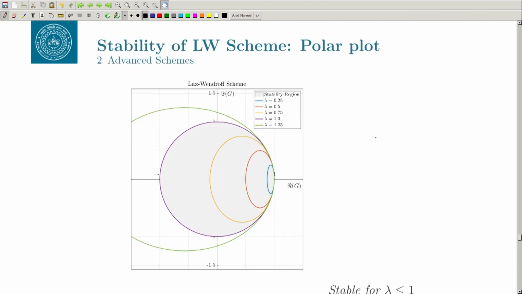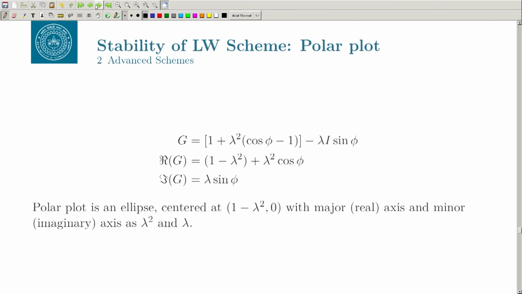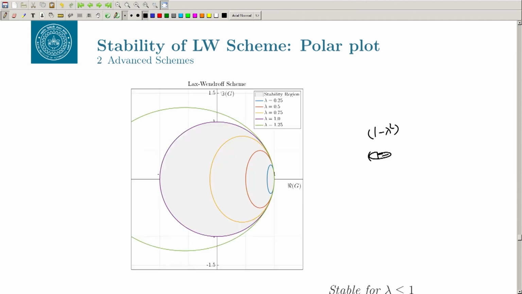So, once again I have something centered at 1 minus lambda square, the radius is, just let me see, lambda square, the right hand side is lambda square, this is the real axis, okay, and the imaginary axis is just lambda, okay.